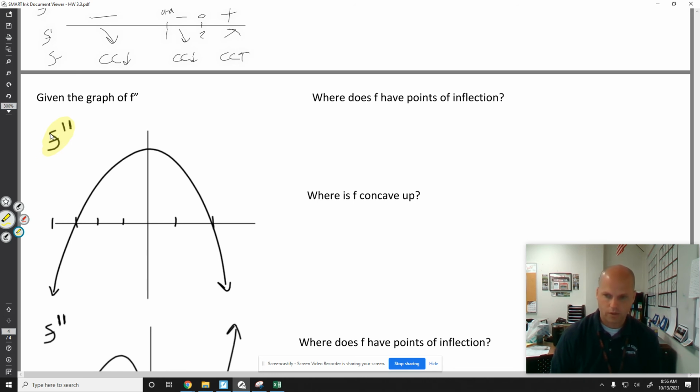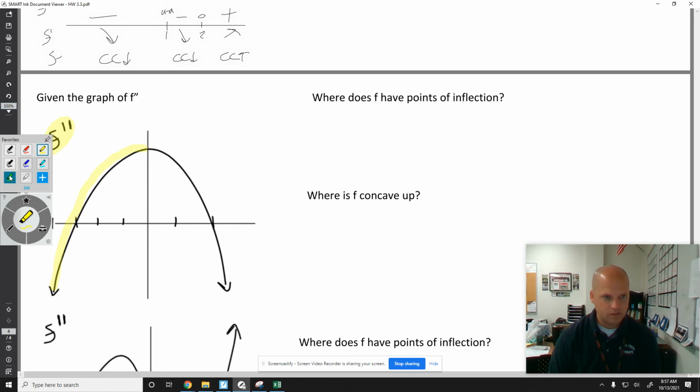This is no longer the graph of f double prime. If you do what we just did, you are not going to be doing it right. If you say, oh, this is where we are going up, this is where we're going down, and this is what I'm supposed to do when I'm given a graph, you're wrong.